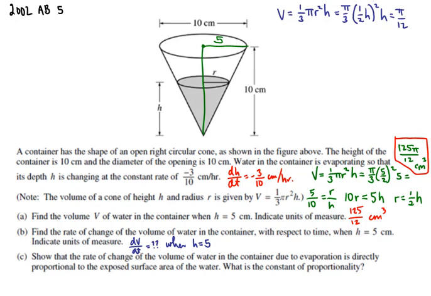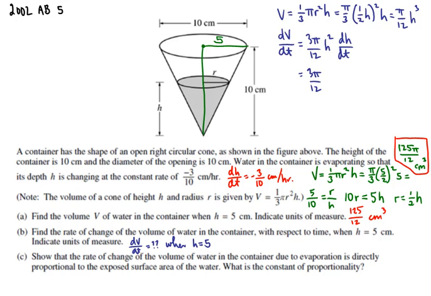And when we take the derivative of both of those sides with respect to t, we'll get dV/dt is equal to 3 pi over 12 h squared dh/dt, and we're trying to solve for dV/dt, so we should be able to just plug everything in right now. So we have 3 pi over 12, h is 5, so we'll square that and that'll be 25.